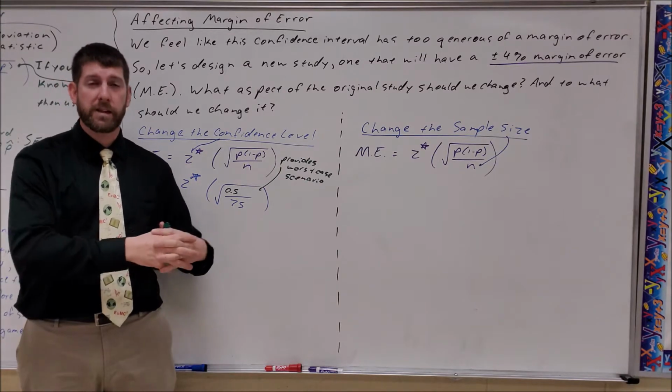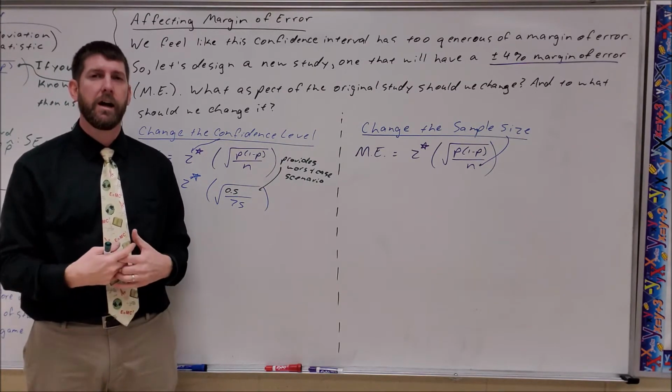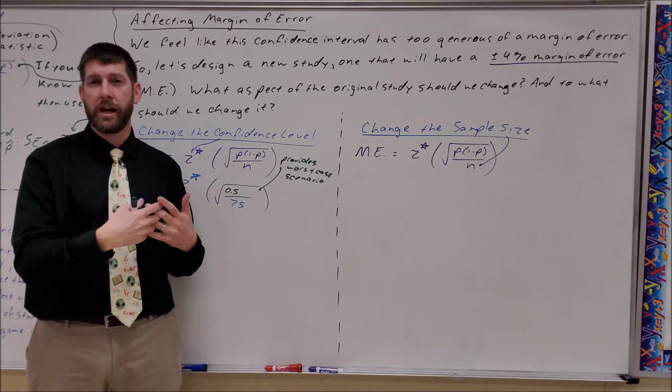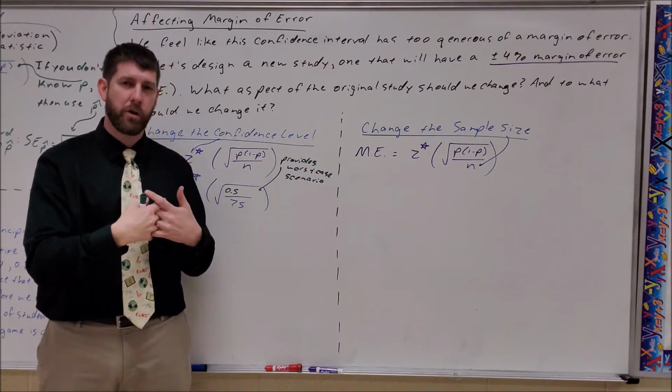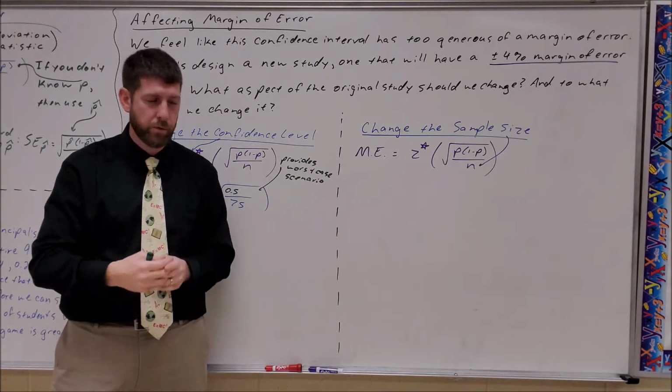So we're going to assume that things are as bad as they can possibly be, and then we'll still get a really good margin of error from that. And if things happen to be better than that, then that just helps us out even more.